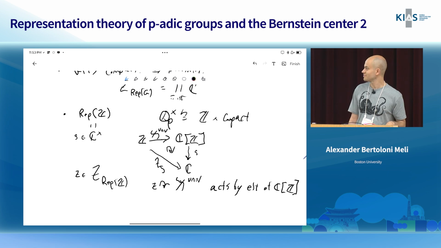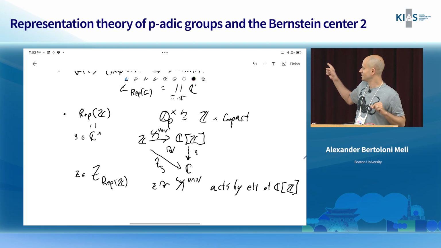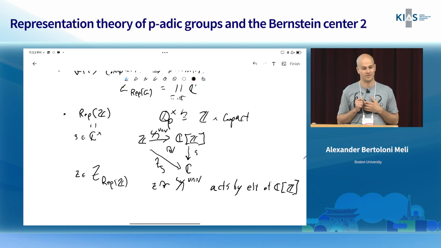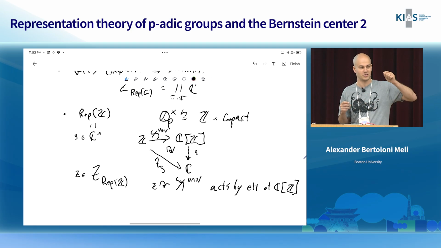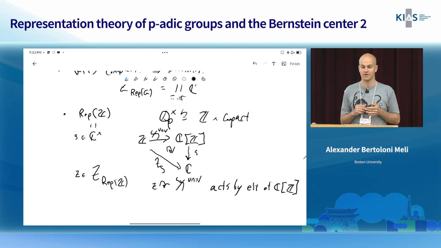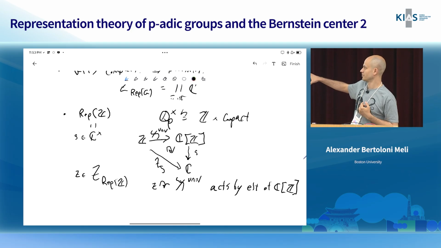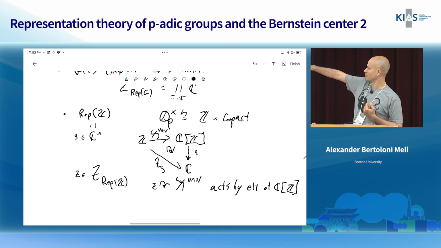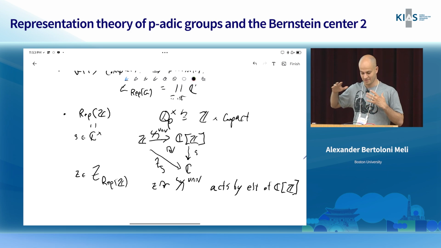And I guess my point here is that this is way smaller than you might expect. A priori, the representations are in bijection with C^×, and so you might think that you can just assign some scalar for every point in C^×, and that there's total flexibility. But this is showing us that that's not true, because whatever endomorphisms you get, it has to be functorial.